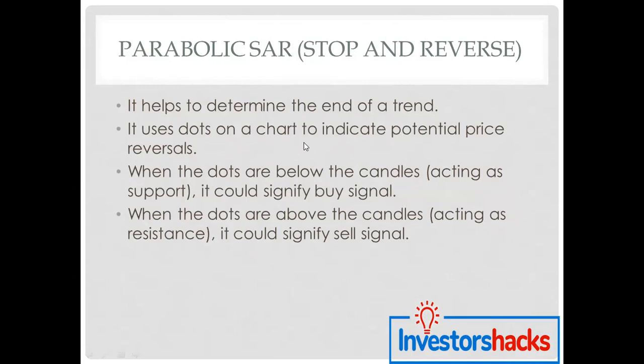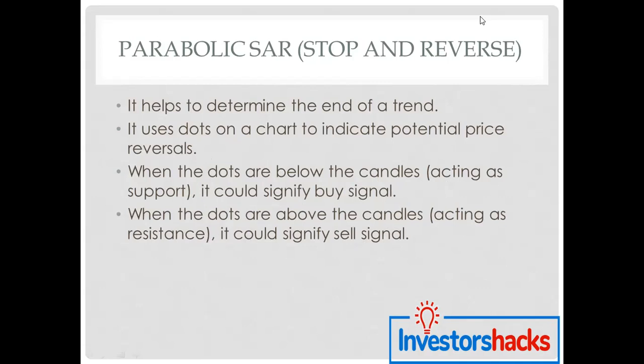It uses dots on the chart to indicate potential price reversals. When these dots are below the candle, they act as support and it could signify a buy signal. When the dots are above the candles, acting as resistance, it could signify a sell signal.